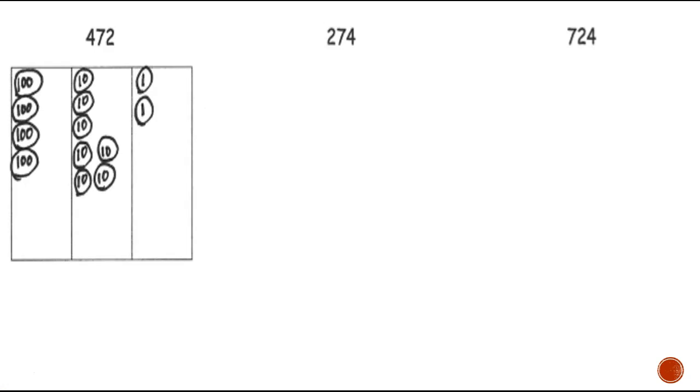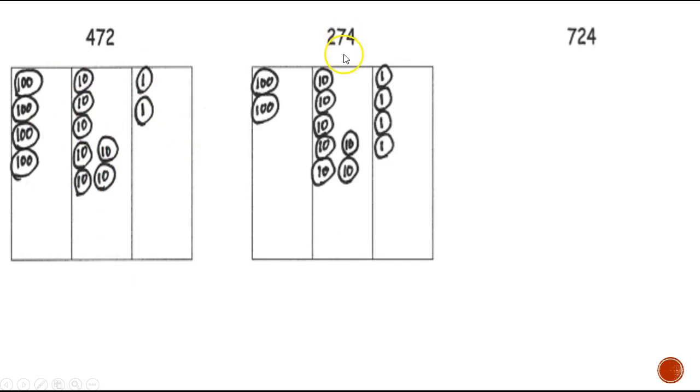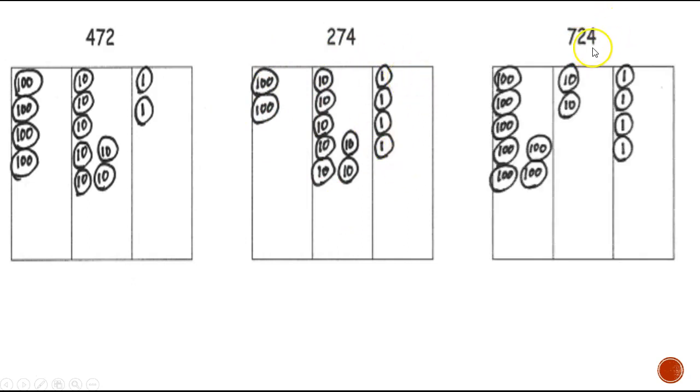Okay, so let's compare our charts here. This is what my chart for 472 looks like. I have 4 hundreds, 7 tens, and 2 ones. And for 274, I have 2 hundreds, 7 tens, and 4 ones. And for 724, I have 7 hundreds, 2 tens, and 4 ones.